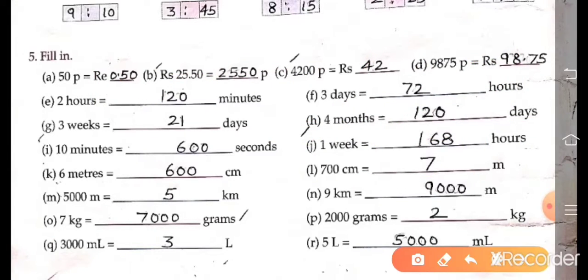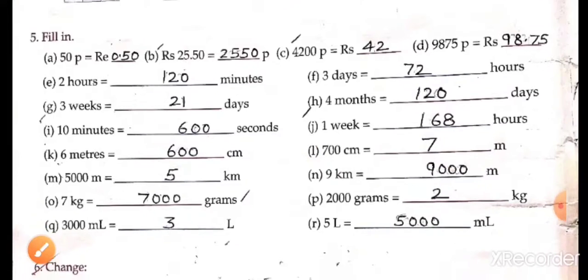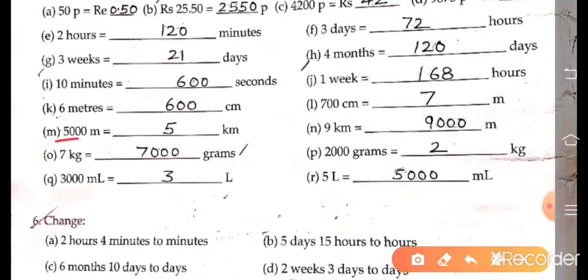6 meter equal to how many centimeters? 1 meter equal to 100 centimeter. So 6 meter equal to 600 centimeter. L part, 700 centimeter equal to 7 meter. Okay, 5000 meter equal to 5 kilometer. 9 kilometer equal to 9000 meter.